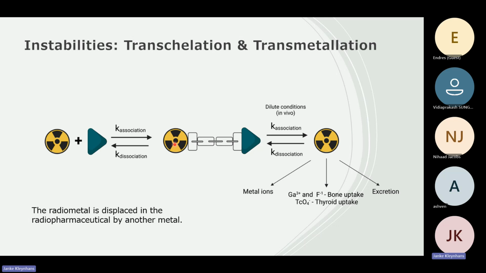So there is another metal in the body that has a higher affinity for our radiopharmaceutical, and it kicks out the radionuclide and forms another compound that's cold. So your radionuclide is freed and it's in the body, and your pharmaceutical is linked to a cold metal, and that then distributes with the radiopharmaceutical. This is something we don't want, and your GFR agents should be stable according to this. And indeed, DTPA and EDTA are very stable.